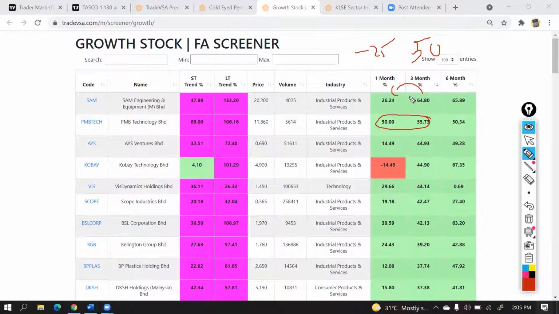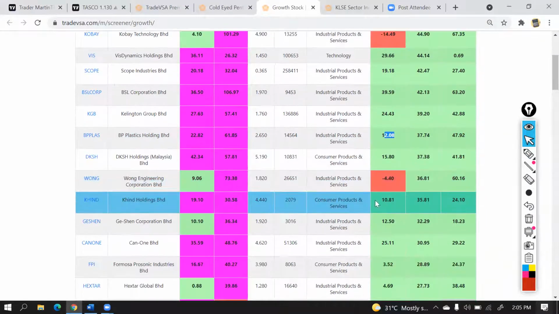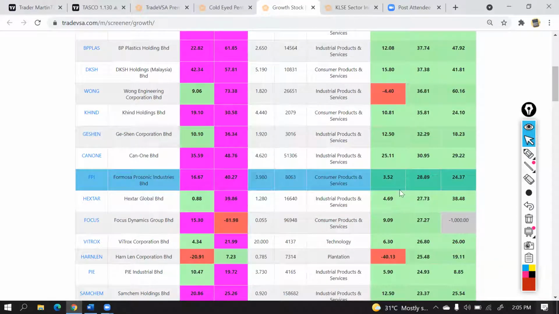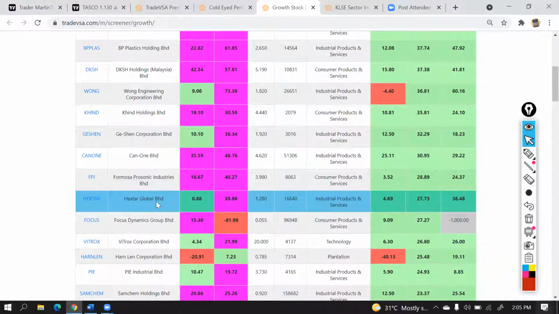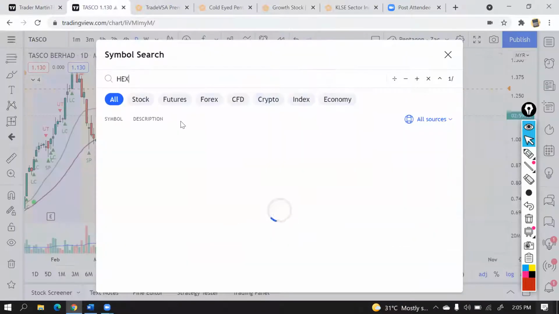That tells us they are slowing down a little bit, doing some reaccumulation. I think BP Plastic kind of fulfills the criteria, 34% to 12%. Or maybe let's try G-Share, but G-Share has been removed as well. Hextar Global, 23% to 4%, right? So let's look into Hextar.